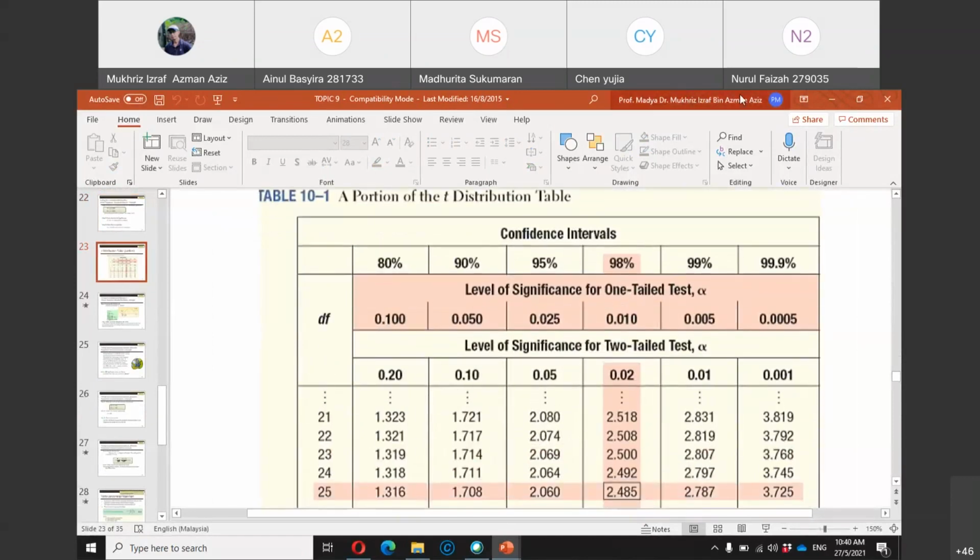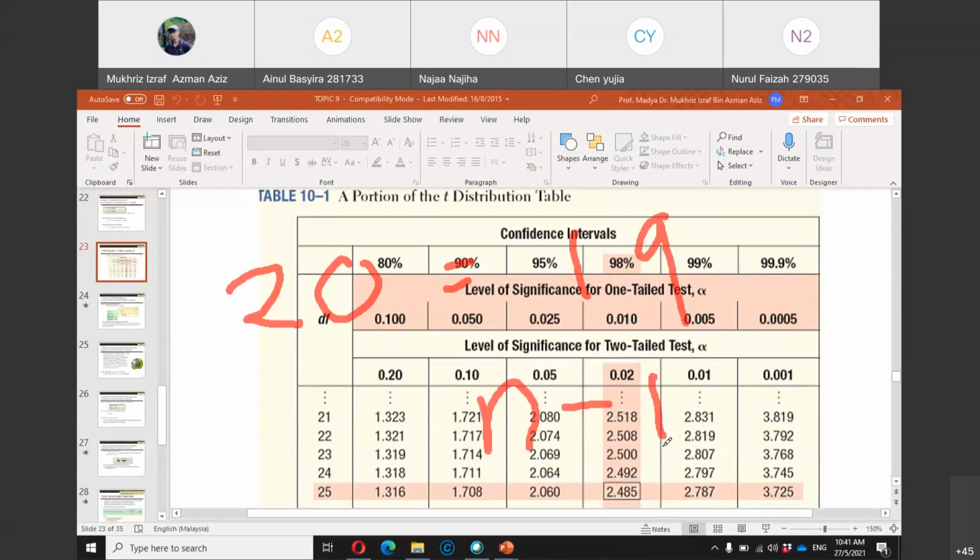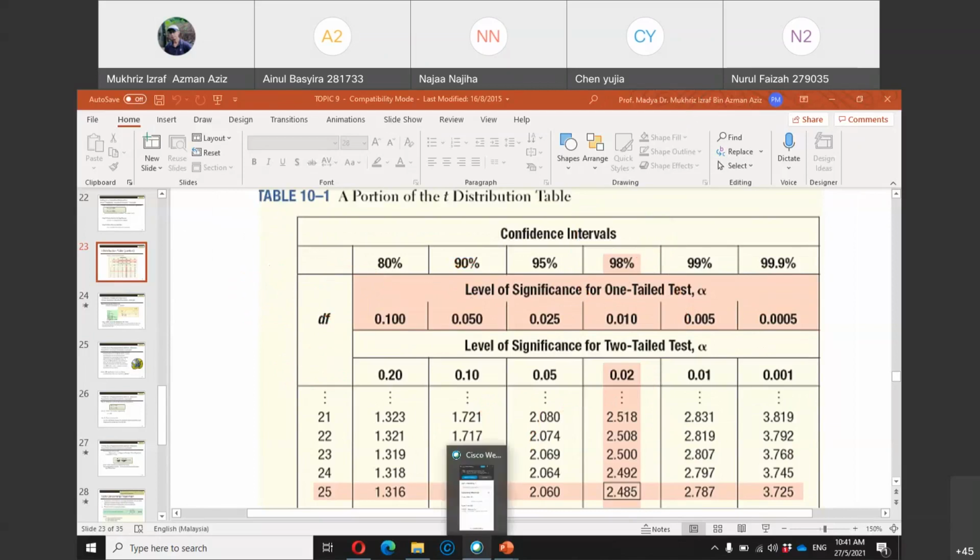Let's say in the one sample test, if your sample is 20, then your DF will be 19, correct? Meaning you use the formula n minus 1. This is only for the one sample test. If your sample size is given as 20, you need to refer to the column that refers to 19. So that is what you did in the one sample test.